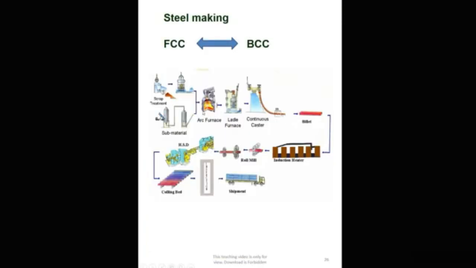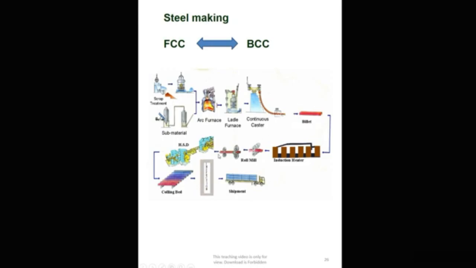So I would like to review the steel making process for you. In the first step, the waste steel goes into the furnace, and is melted, and then cooled down to become pellets. But we cannot use this because it's only one dimension.